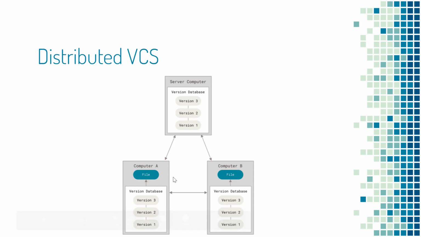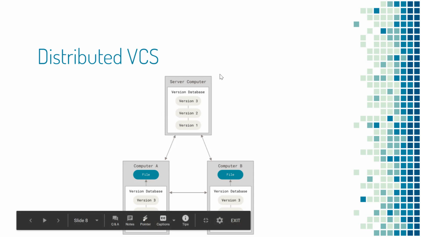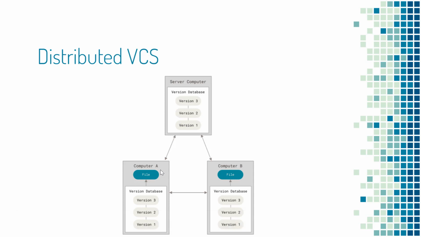So in this case, the code is not saved only here, it's saved everywhere. As you can see, the arrows here show the data exchange is done on both sides. One of the examples of distributed VCS is GitHub, or rather the standard itself is called Git, and one of the implementations of Git is GitHub.